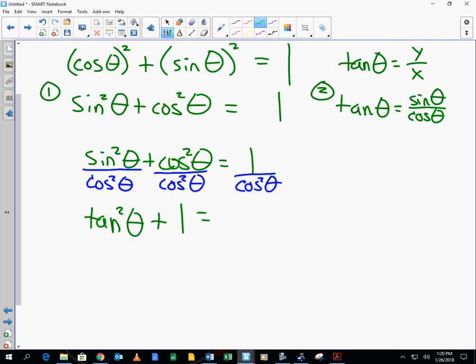What's the reciprocal of cosine? Somebody help me. Secant. This is important. Identity number 3.